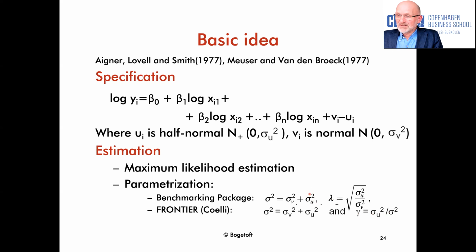It is the variance of the normal which is behind the half normal, right? Because in the half normal, you don't go to both sides, you only go to one side. So the variance there is actually smaller than it is for the normal distribution. But we normally just express this as the variance of the inefficiency and the variance of the noise term.